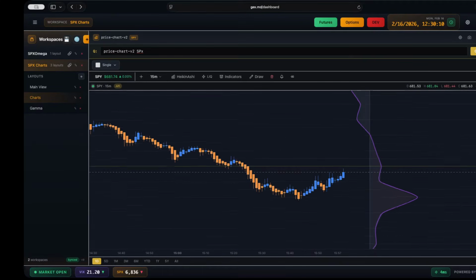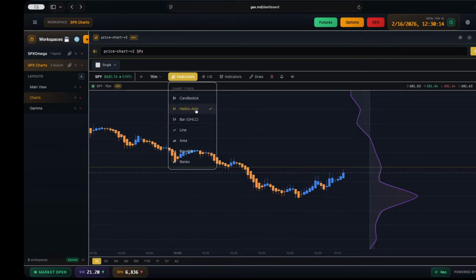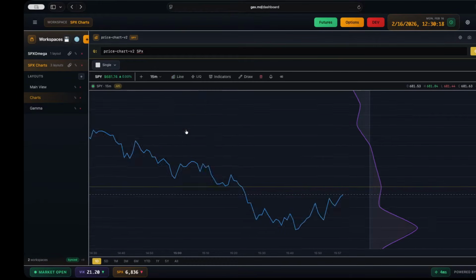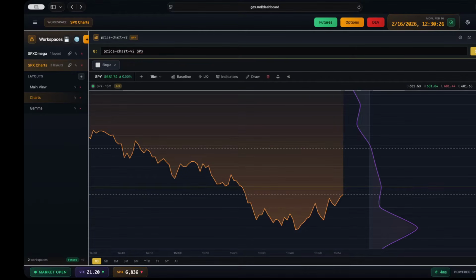So you create your own one. You are right there in SPX, and then you want Heikin Ashi, or you can do the bars, or you can do a line, or you can do areas. You want to do area, or you can do a baseline, so you know.